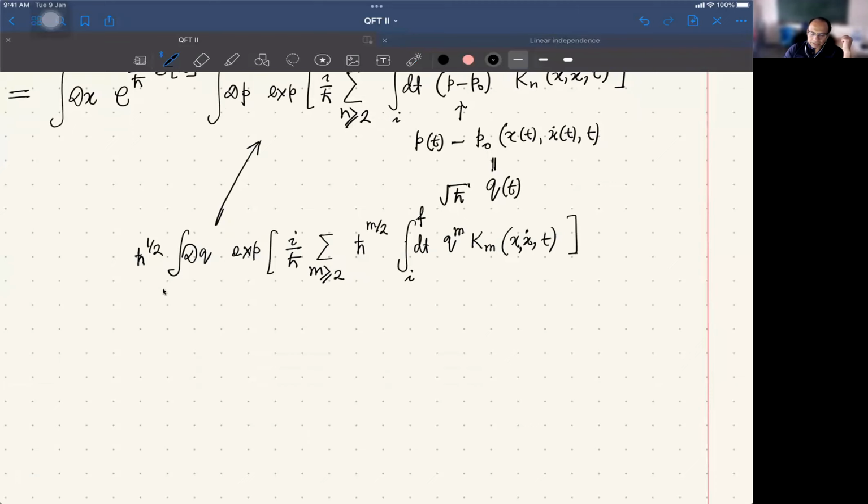Because of the scaling, dp is root h bar times dq. So this is the same as h bar to the power half, integral dq, exponential of i.